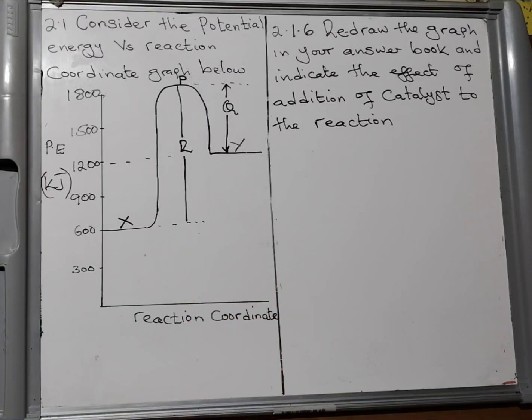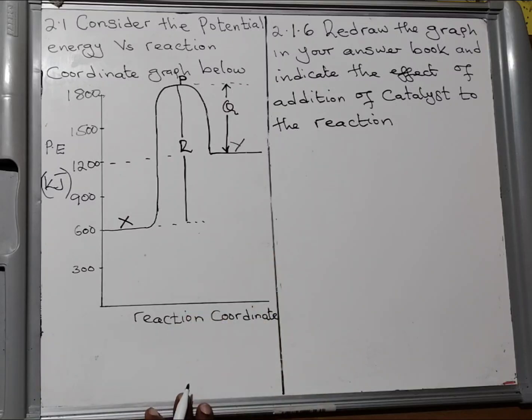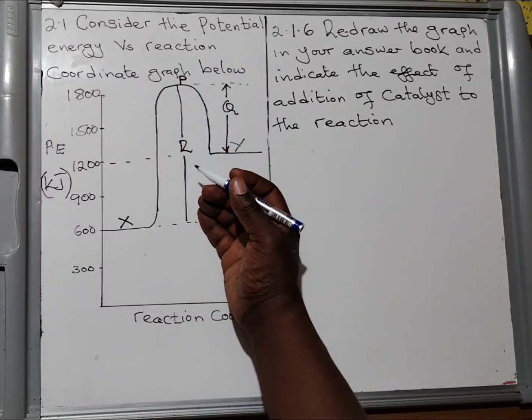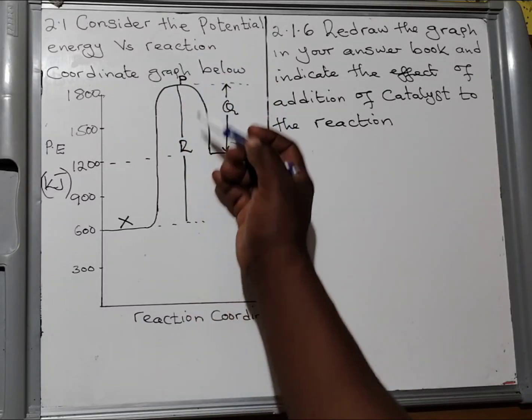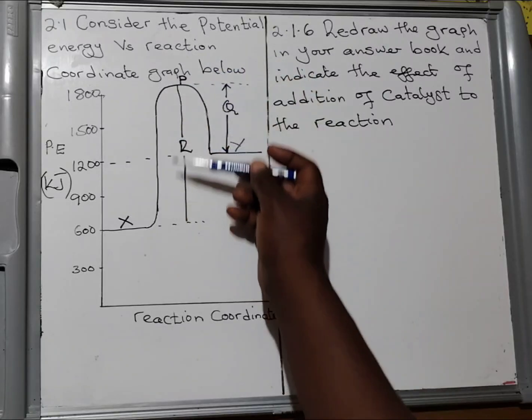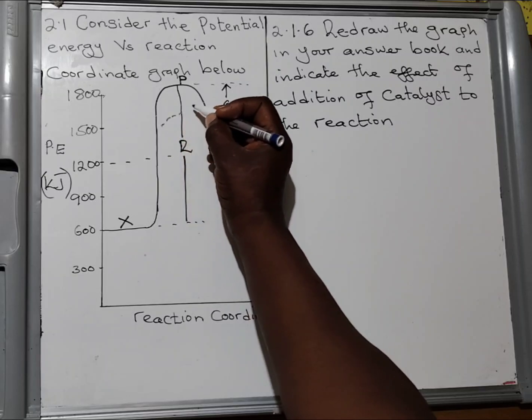What does the catalyst do to the reaction, and how would you show it here? What the catalyst does is to lower the activation energy. From this, it can lower it to that level.